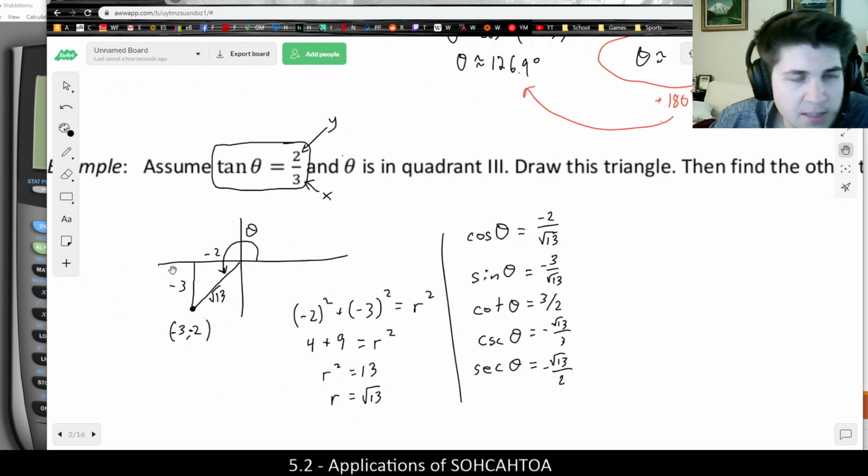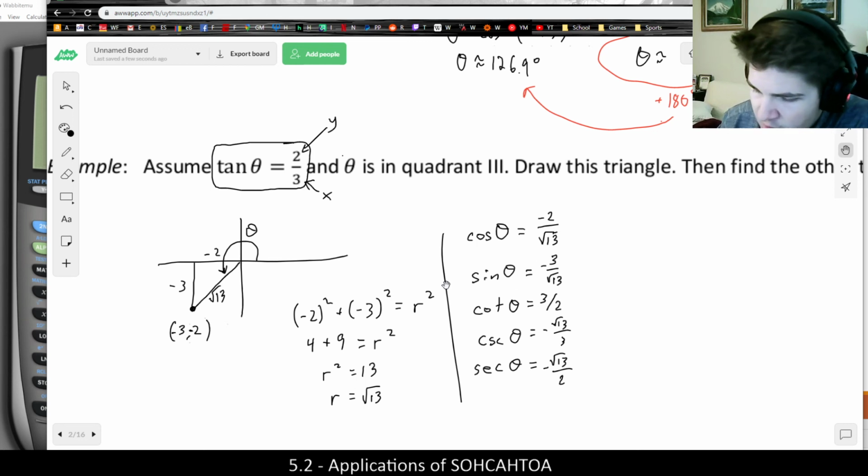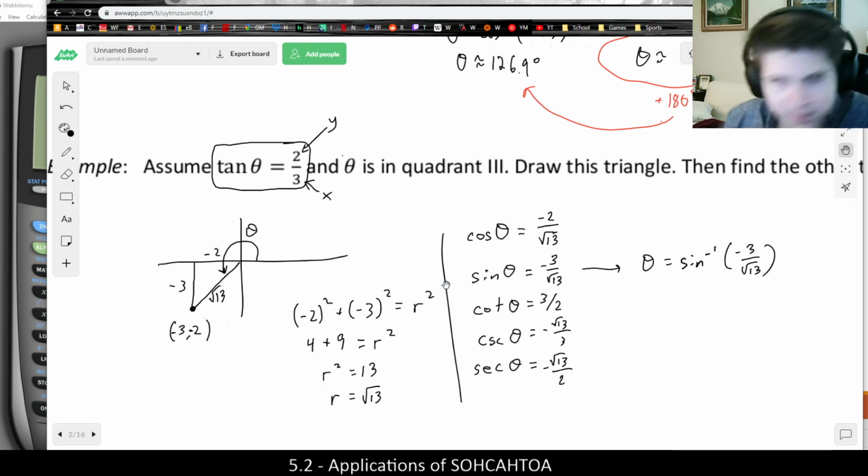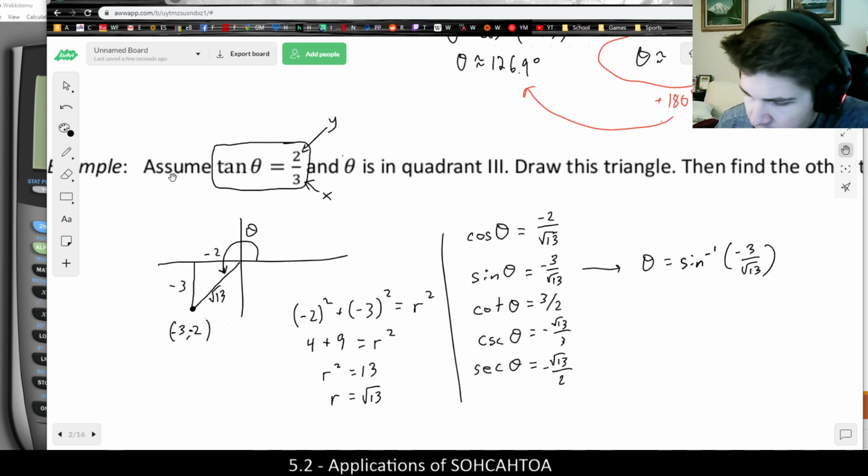But notice that since I'm in quadrant 3, actually none of the answers would be correct if I used an arc function. Say, for example, I used the arc sine to solve for theta. Theta would be equal to the arc sine of negative 3 over root 13. This would actually give me an answer in quadrant 4 instead. Or say I was to use the arc tangent, which is actually what I would probably recommend doing.